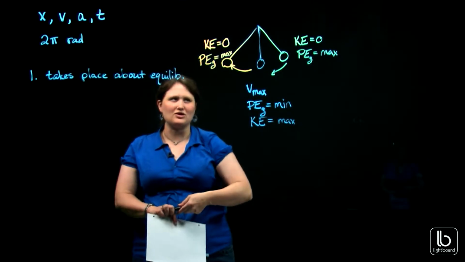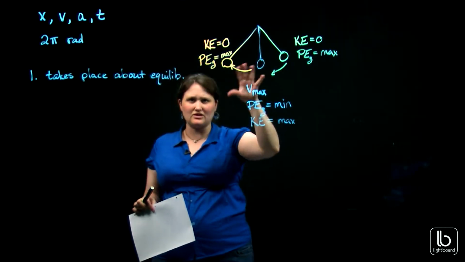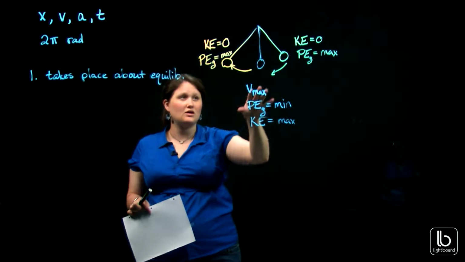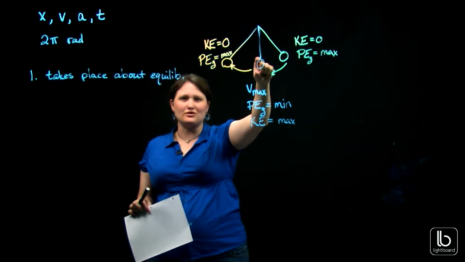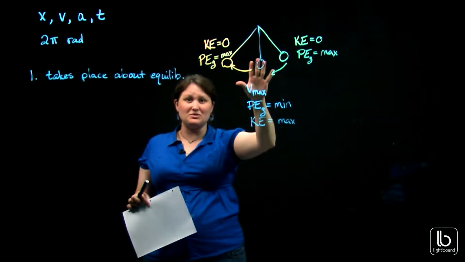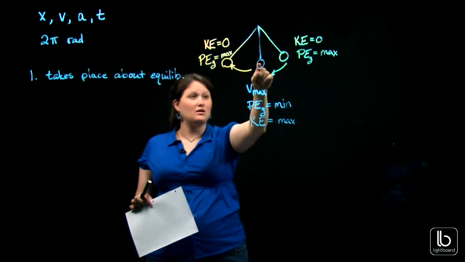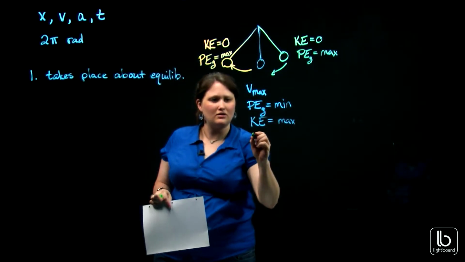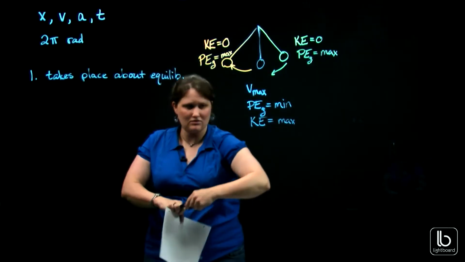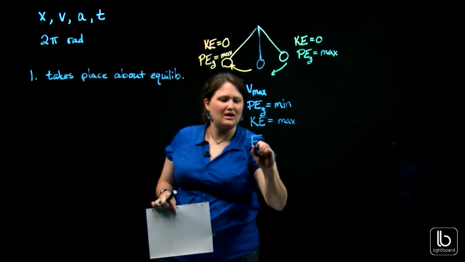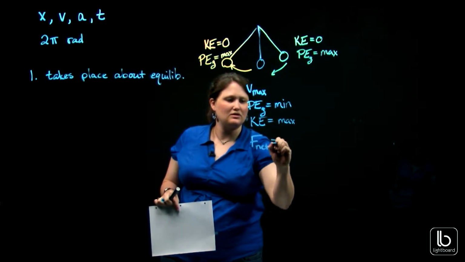And I should also point out, consider the acceleration in terms of the force. If my net force right here is 0, we say this is my equilibrium position. That's where we started. So here, my net force is 0.